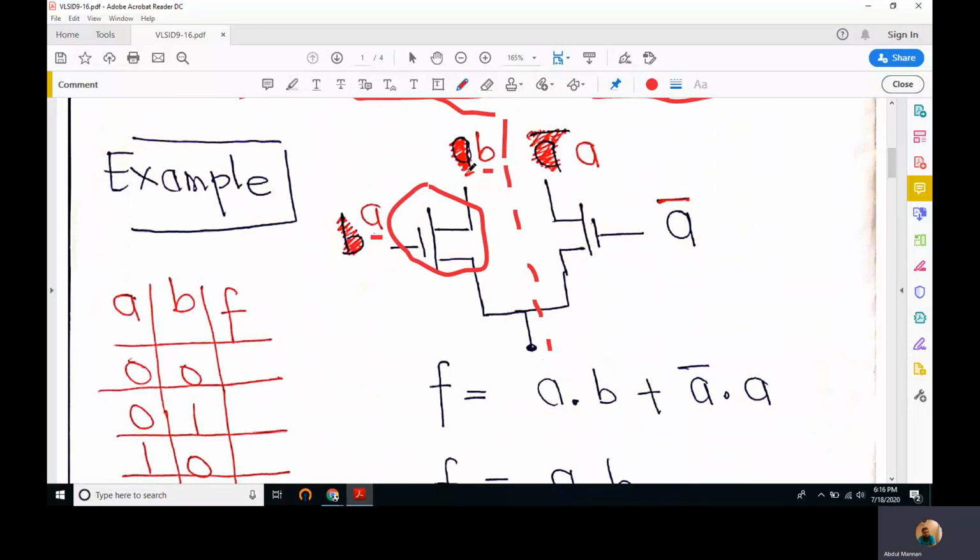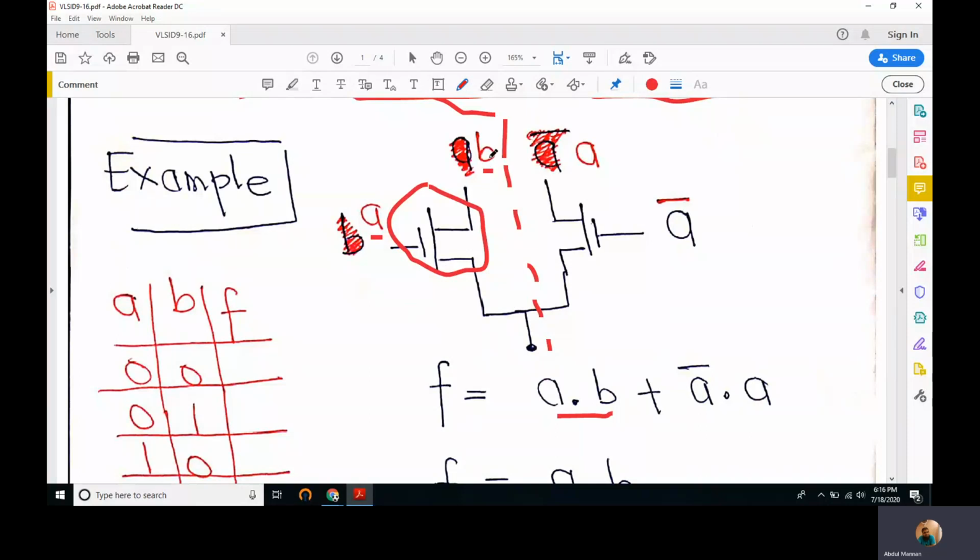But if A is a 1 and B is a 1, we get an output voltage slightly lesser than B. We studied that earlier, because NMOS is not a strong logic 1 transmitter. But anyhow, neglecting that, we get A dot B if A is a 1. So we get an AND function.